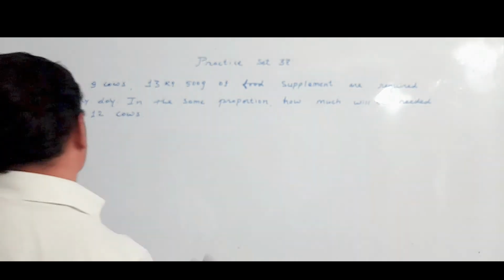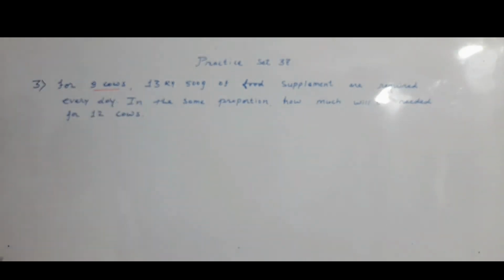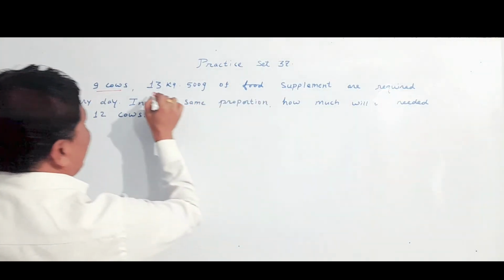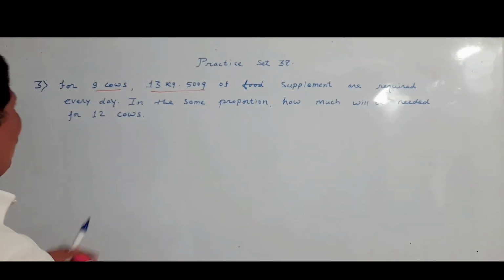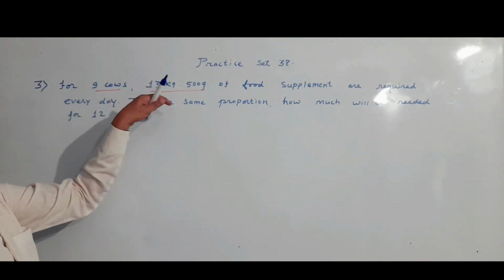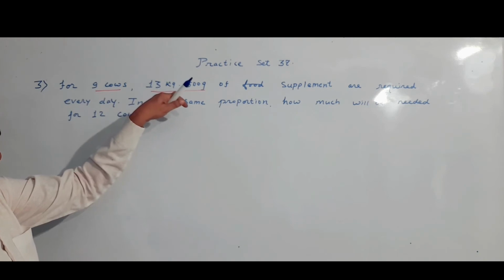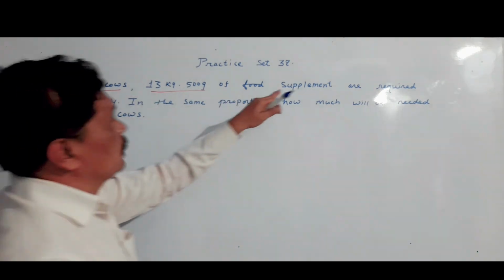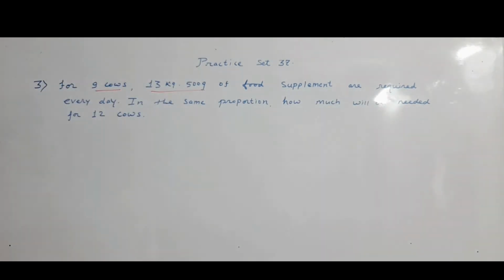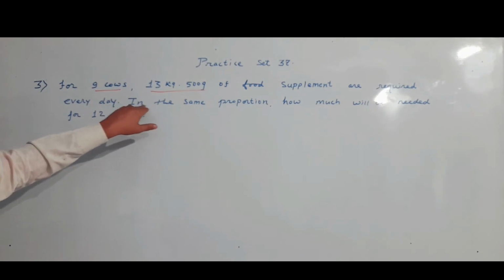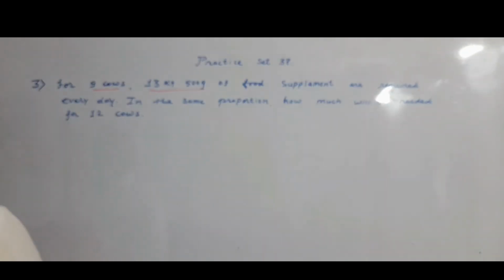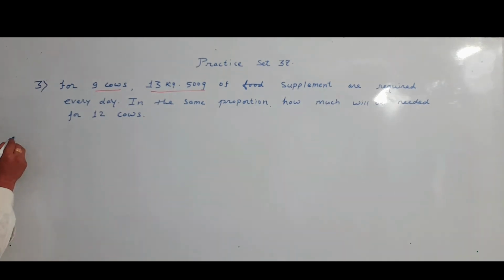Here, two quantities are given. First, number of cows, and second, food supplement in kg. For 9 cows, 13 kg 500 gram of food supplements are required every day. In the same proportion, how much will be needed for 12 cows? Let's put the information in the form of a table.